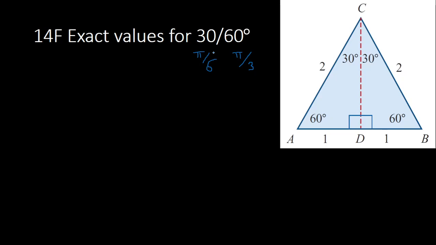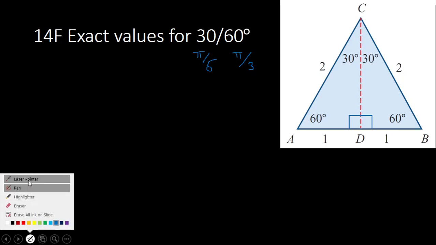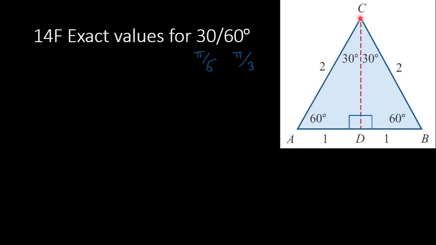To determine the exact value, part of the proof is you build an equilateral triangle of length 2, so it's 2, 2, and 2. As the triangle is equilateral, you get 60 degrees all around.